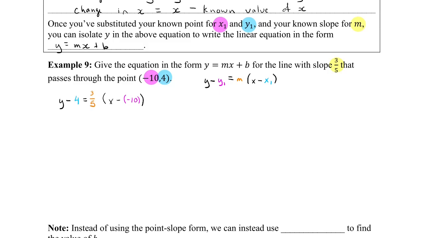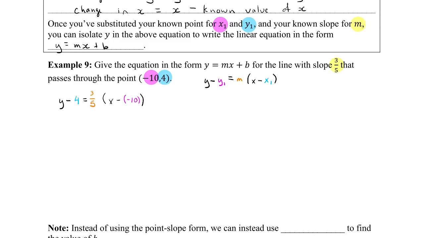So if we want to work with this anymore, it's useful now to get this into slope-intercept form. The big picture to get this into slope-intercept form is we just need to isolate y. But that's always going to follow the same steps, so I'm going to write out the steps here.